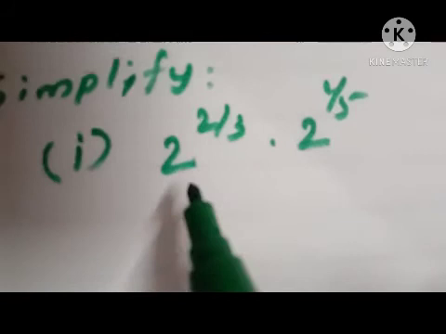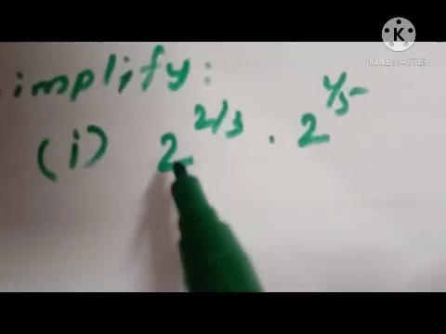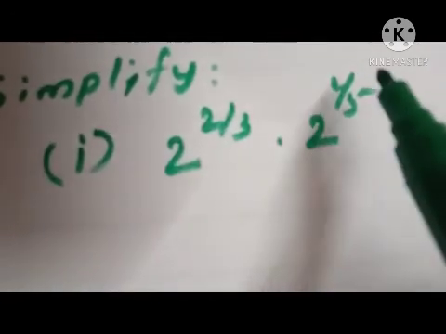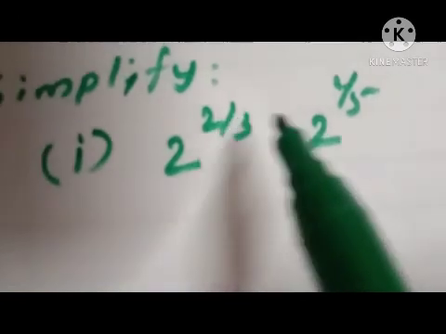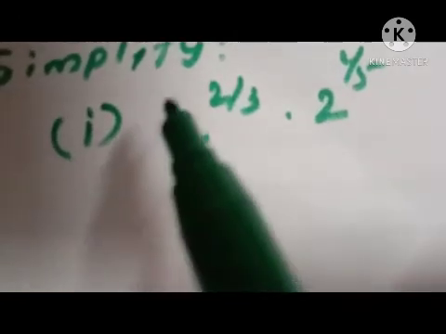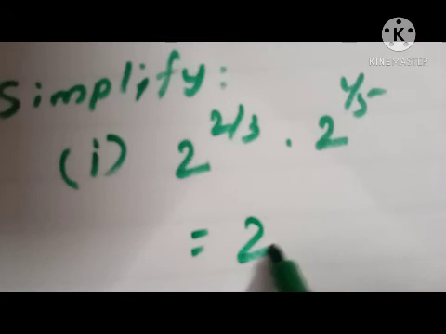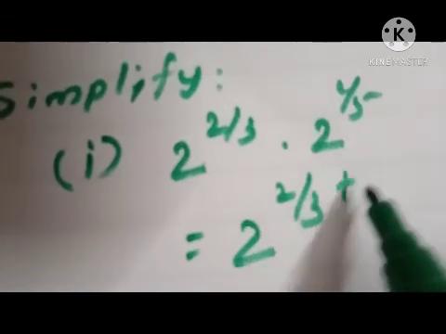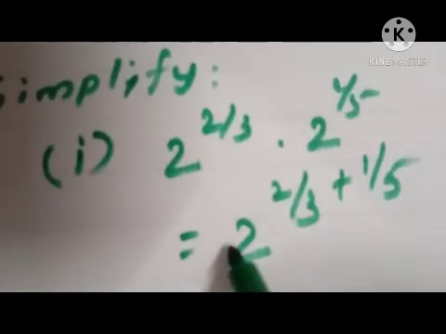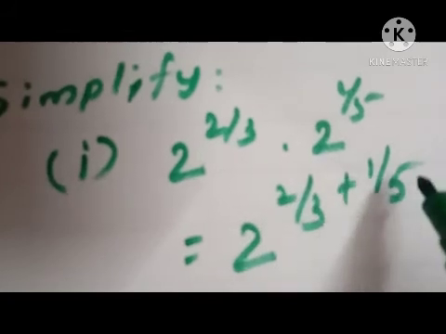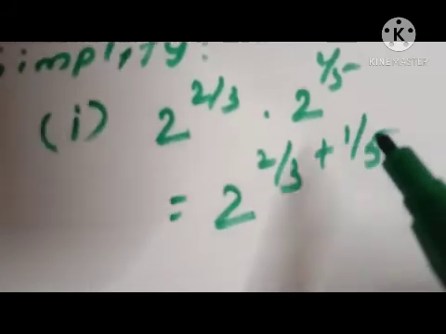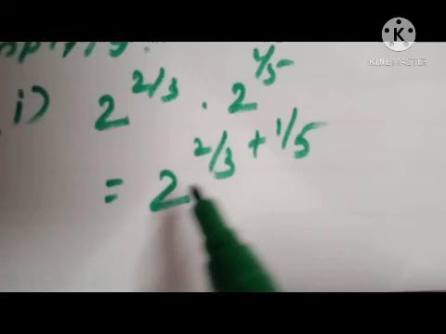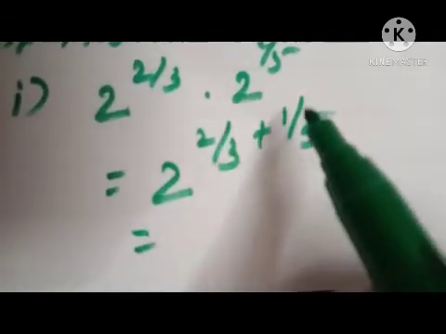So here this is related with the identity a raised to m into a raised to n. Then what we will get? a raised to m plus n. This is m, this is n. Then we have to do the cross multiplication.